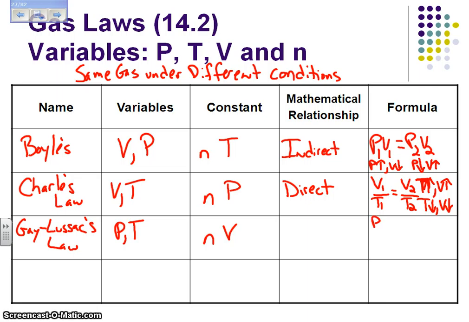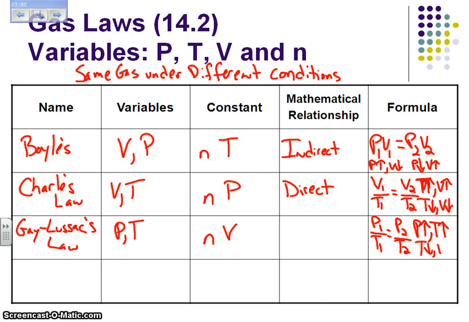This relationship is pressure 1 over temperature 1 equals pressure 2 over temperature 2. As pressure increases, temperature increases, or vice versa. As we increase the temperature, we're increasing the pressure.